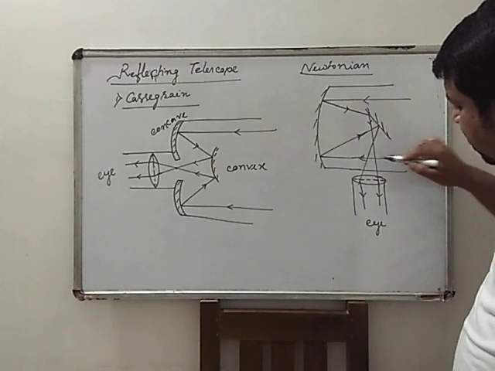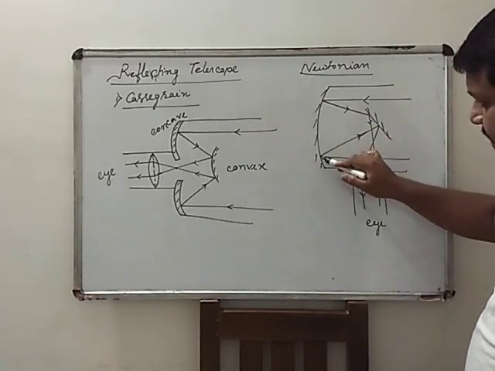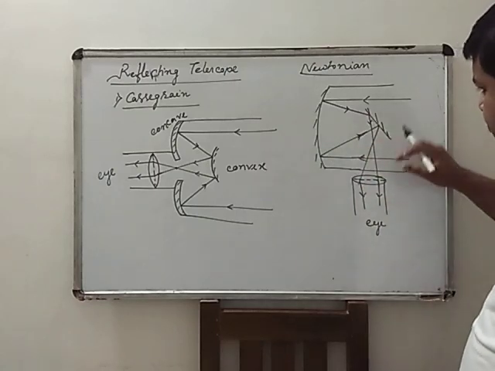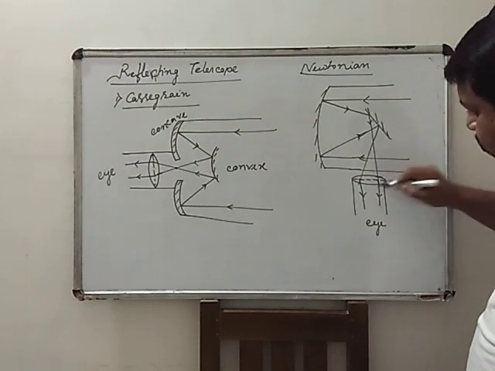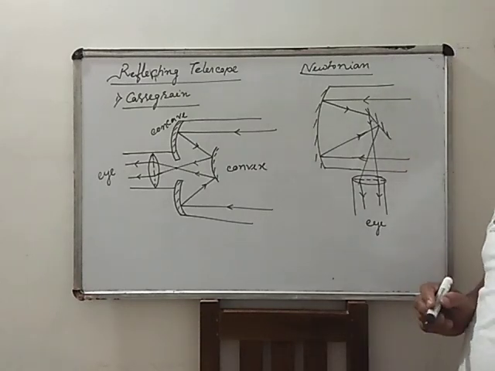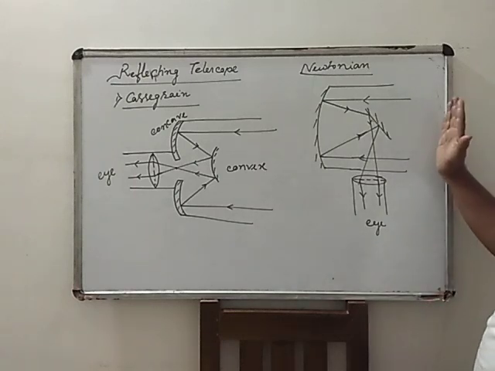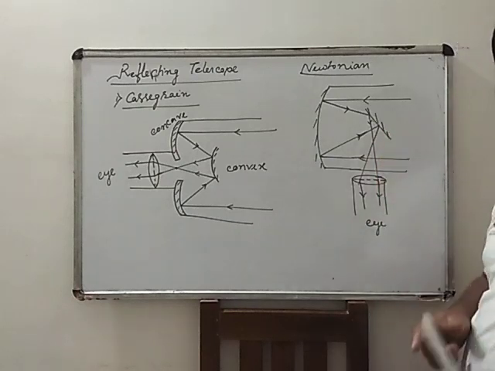This ray is also incident on this concave mirror and after reflection at this point it is moving towards the plane mirror, then after reflection in the plane mirror it is moved towards the eyepiece. That means in that case the object is placed in this position but here we see the image in this position.